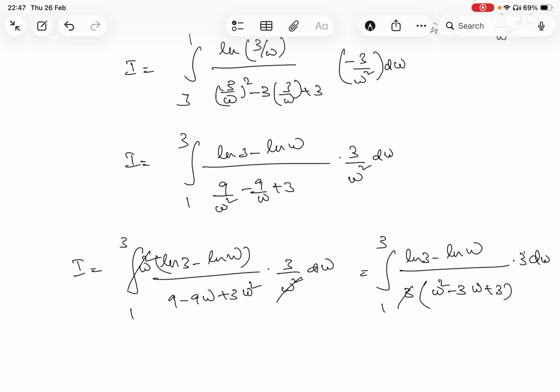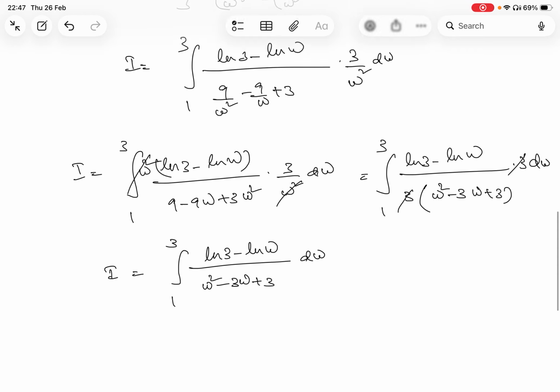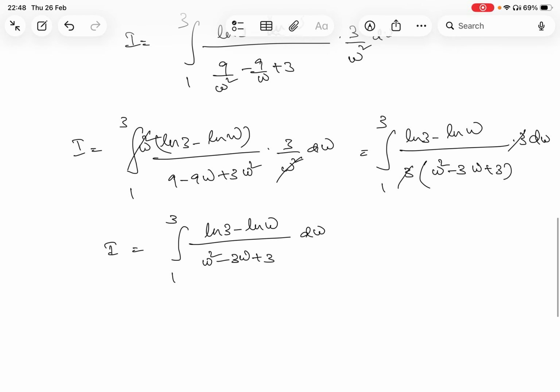Fine, this is fine. The 3s will get cancelled. Now you are left with I equal to the integral from 1 to 3 of ln 3 minus ln w divided by (w² − 3w + 3) dw. Fine.